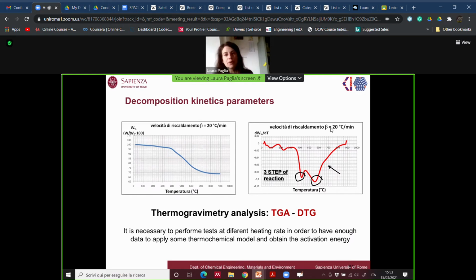There is another approach. Another approach says, okay, I only need a model with some parameters which allow for the rebuilding of the thermogravimetric curves. It is what I need. Obviously, this second approach is a very practical, mathematical approach.